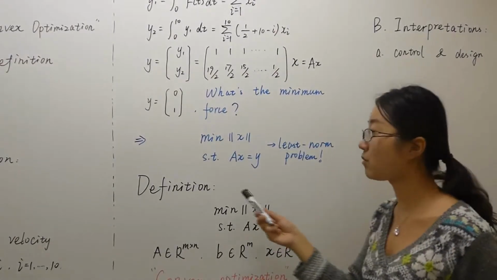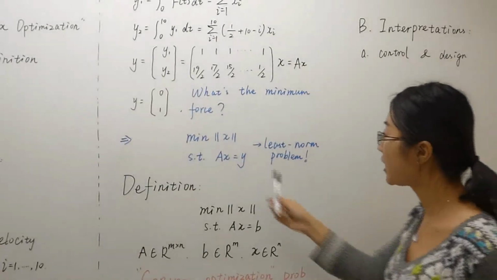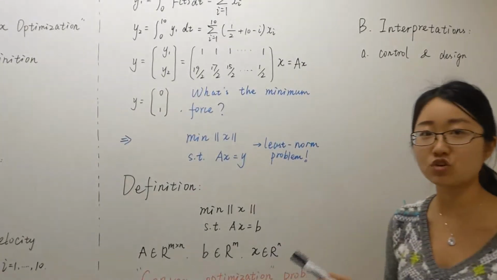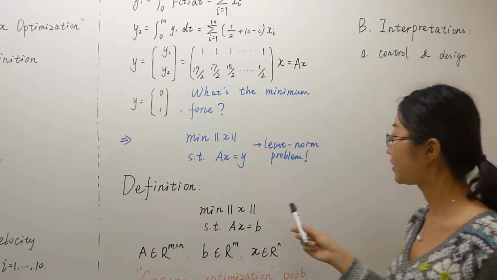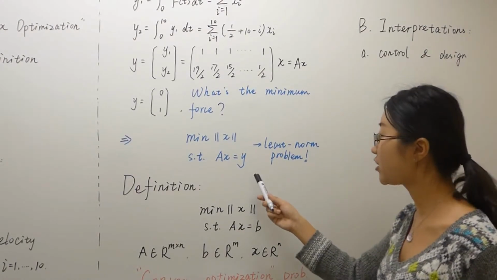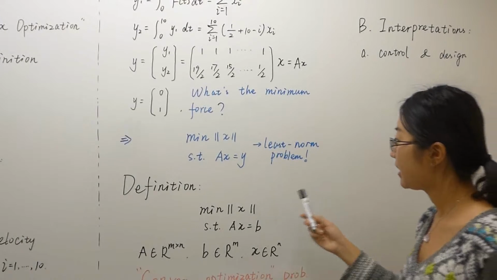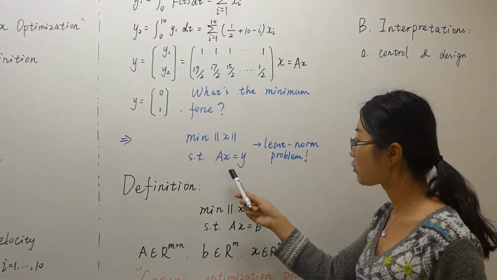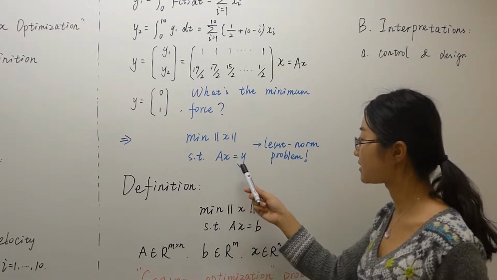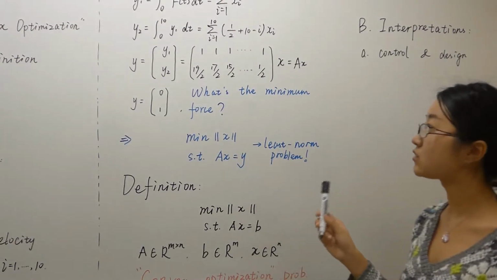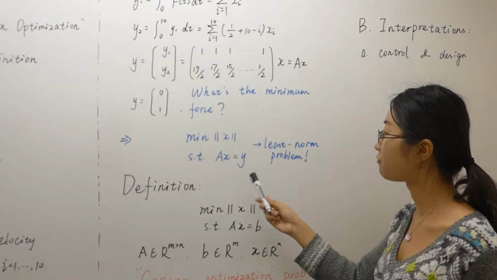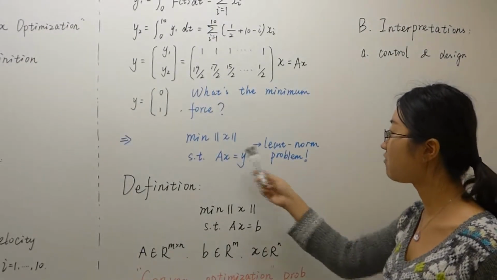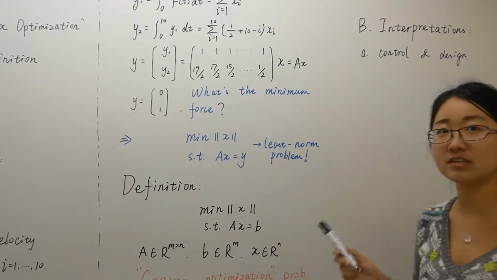Let's look at this problem again. Here x is our control input, which is to be designed, and y is the terminal value of our system. We require that Ax equals y.